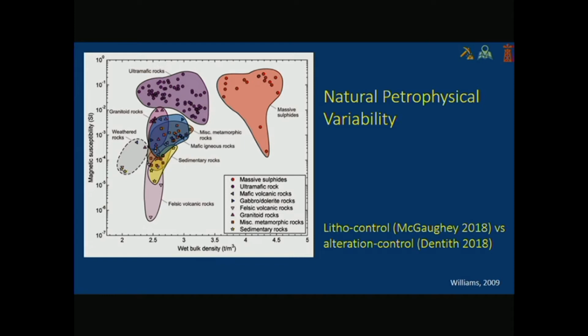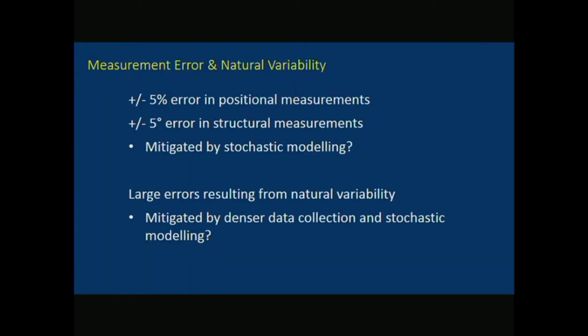In John McGaughey's vision, there's fundamentally a lithological control which is modified slightly by alteration, and Mike takes the completely inverse view. So even something as fundamental as what the controls are on density and susceptibility in these systems is still up for grabs, and it suggests that there's probably more work needs to be done in that area.